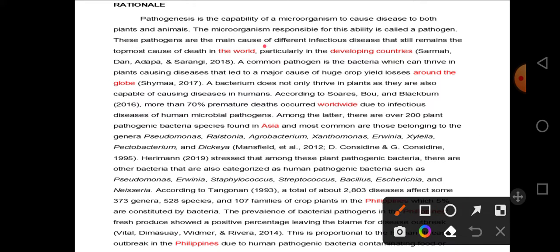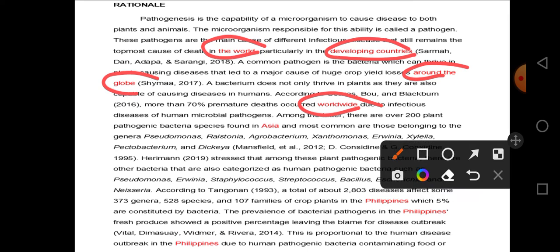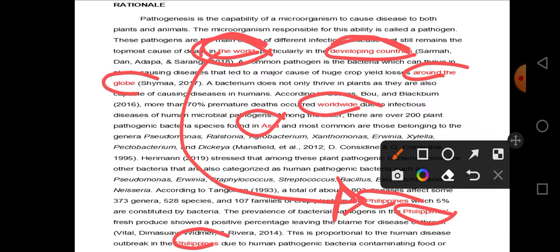We have the world, developing countries, around the globe, worldwide, then we narrow it down to Asia, and then to the Philippines. Notice the hierarchy of the words, from the world to the Philippines. How is it presented? Can we say that we started from the broadest one up to the most specific one?